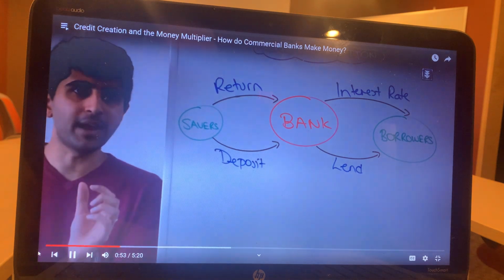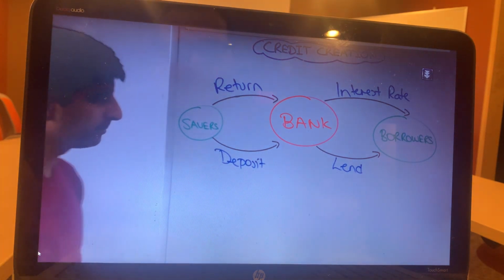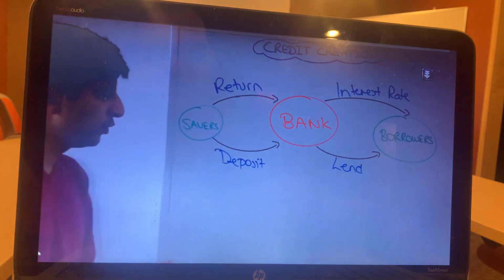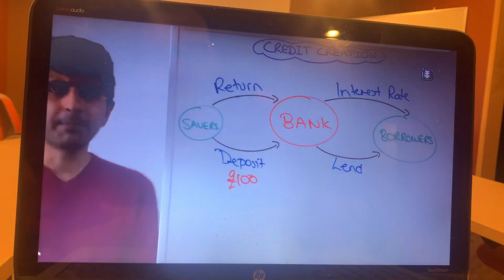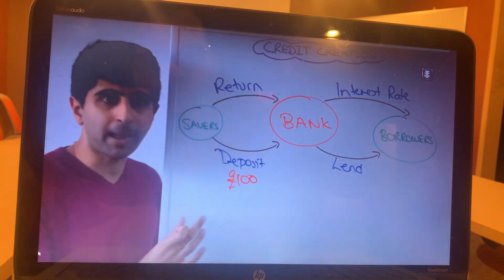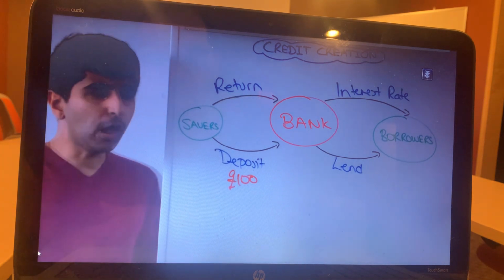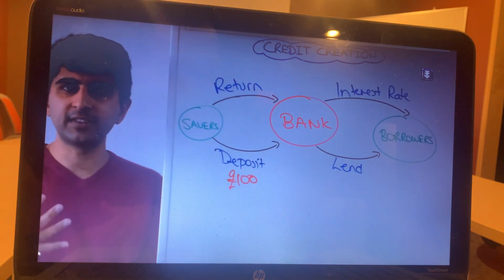But let's dig deeper into this process. Let's understand this idea of fractional reserve banking. Well, let's take an individual saver who deposits £100 in the bank. The bank will then make a very careful calculation of how much of that £100 needs to stay in the bank, knowing that the individual saver is unlikely at one time to demand all of their savings back.